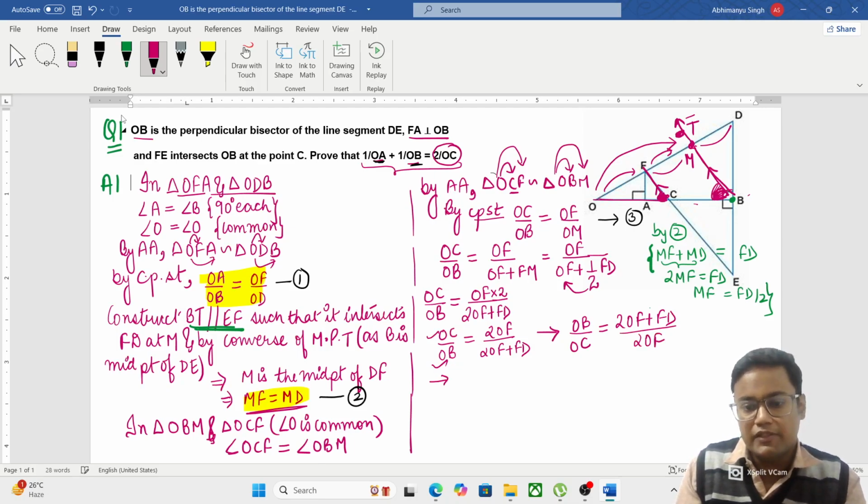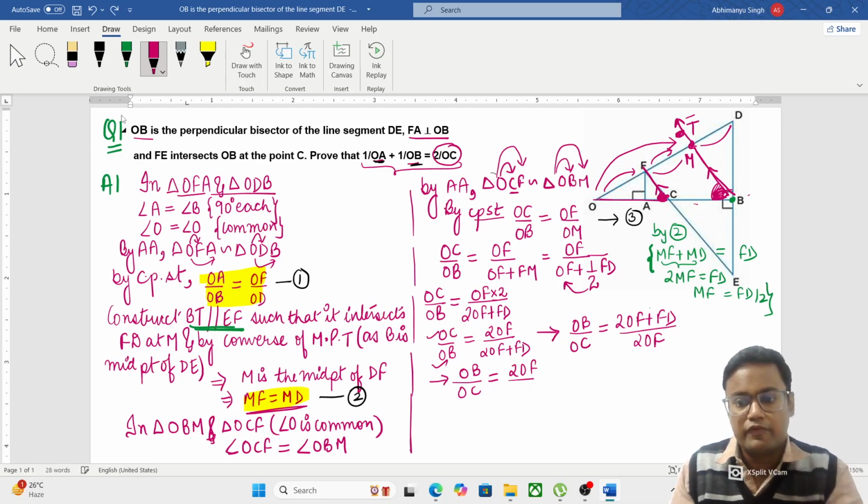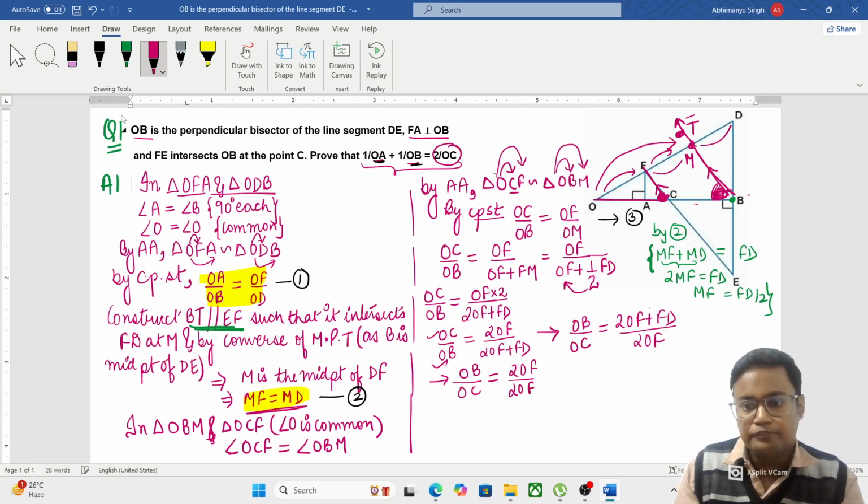By further proceeding, I can write twice of OF upon twice of OF, plus FD upon twice of OF.